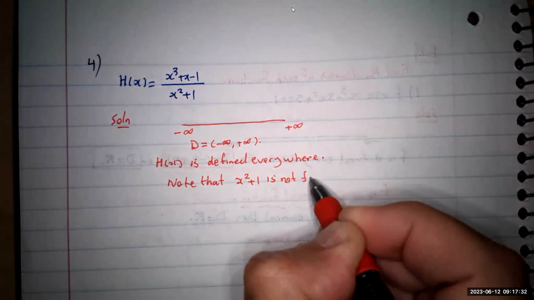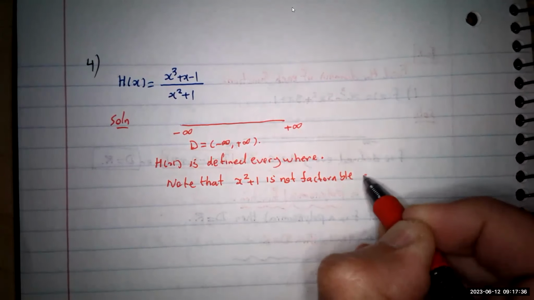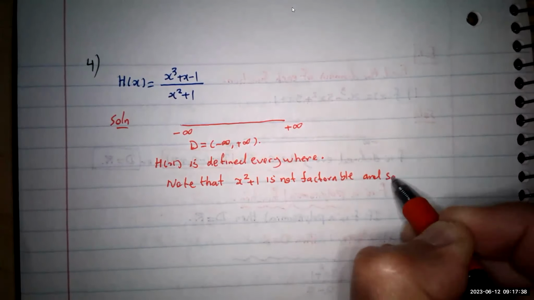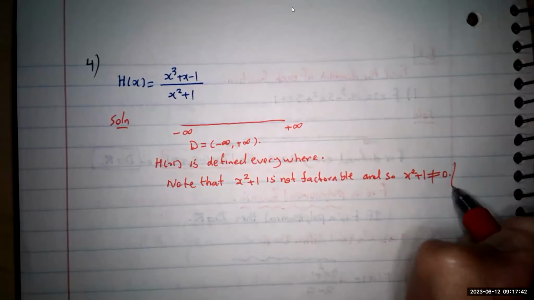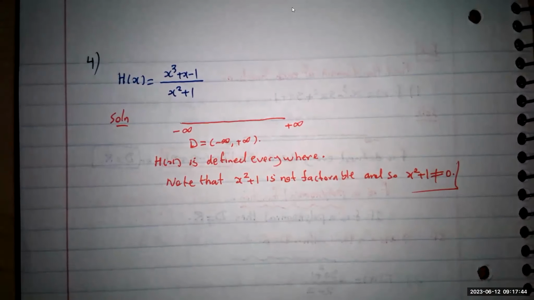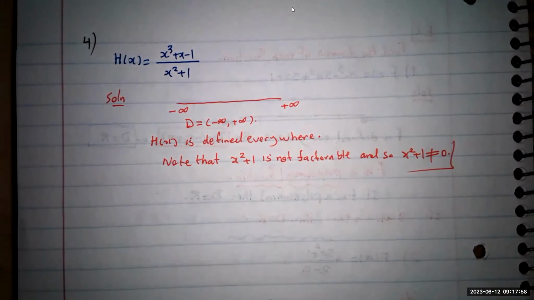You cannot factor it, and so it's never 0. Again, when we ask for the domain, -infinity to +infinity is the one that we're going to be interested in. Any question? These are various types that we're going to see. And to finish this rational function, any question?